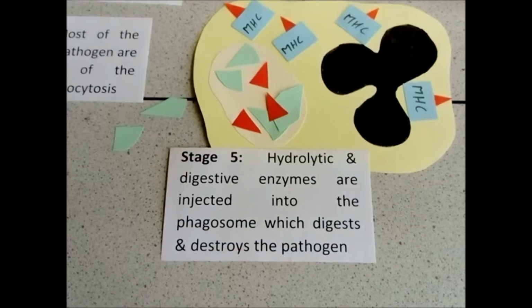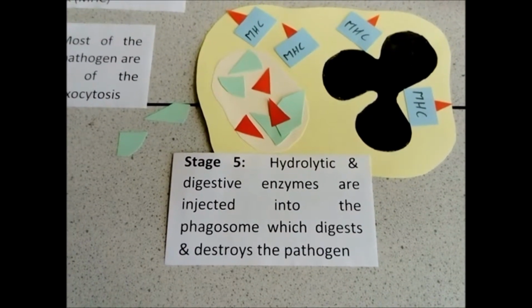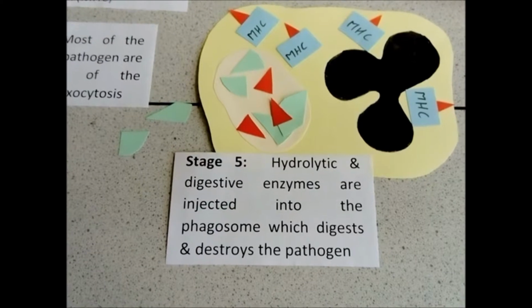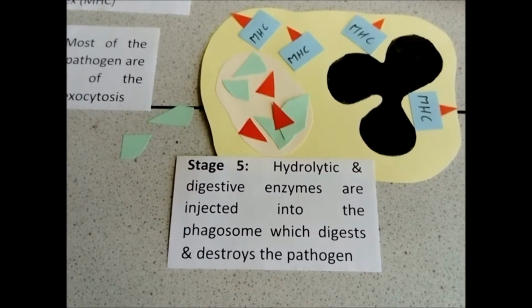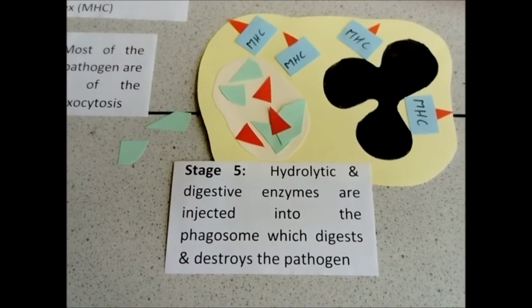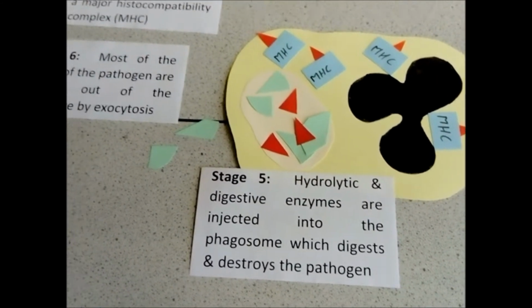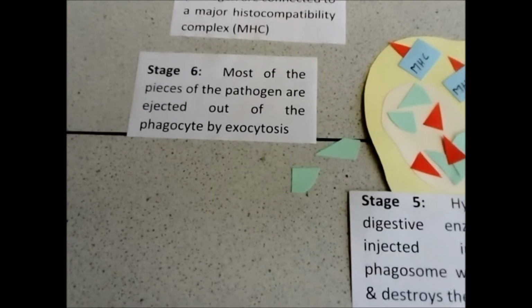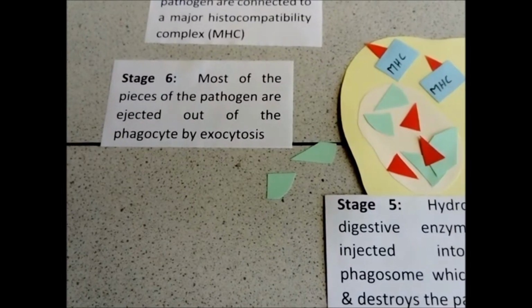Hydrolytic enzymes, digestive enzymes and hydrogen peroxide are also now injected into the phagosome, which breaks up the pathogen. The broken up pathogen, most of it, is ejected by exocytosis.